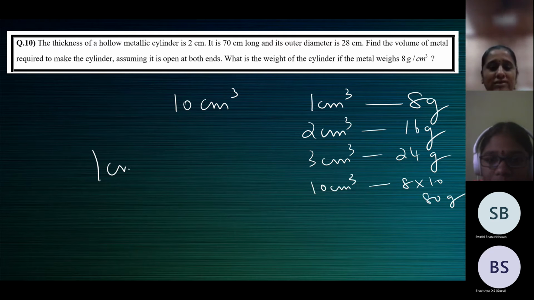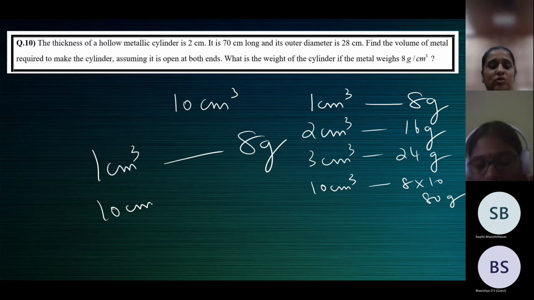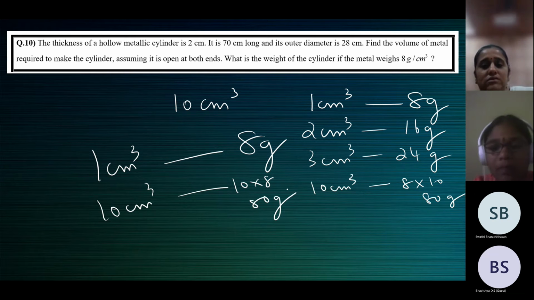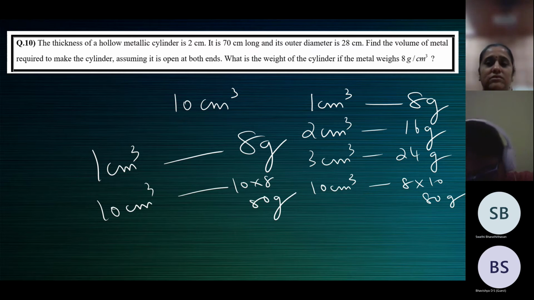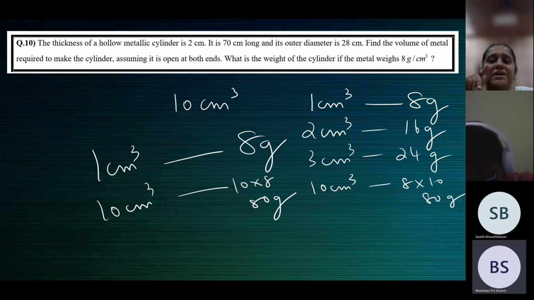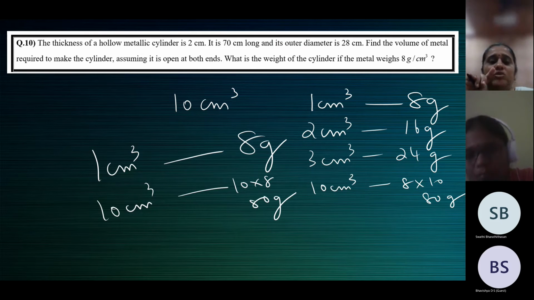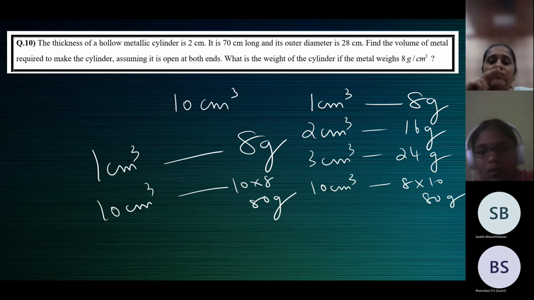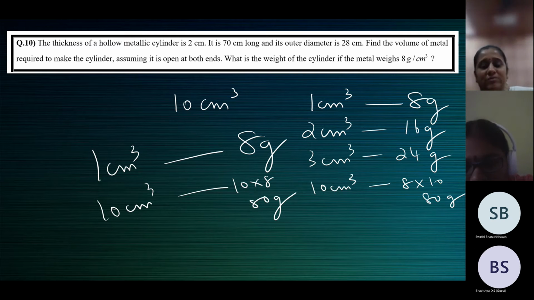Yes or no? Yes, ma'am. Correct. Every centimeter cube of metal weighs 8 grams, so 10 centimeter cube weighs 80 grams.